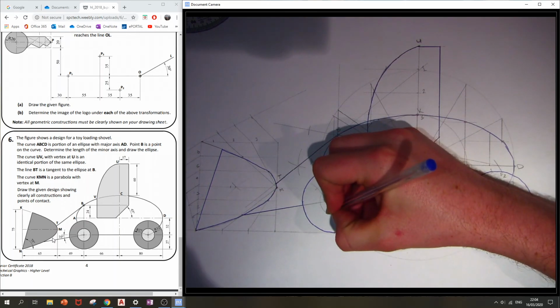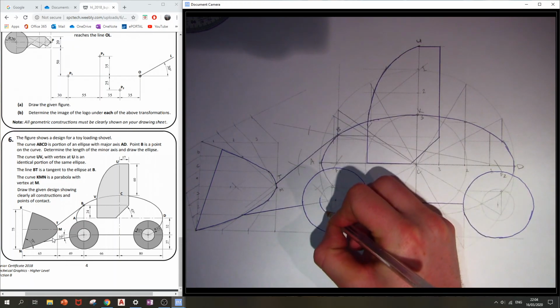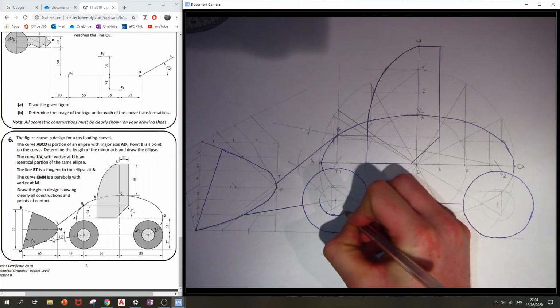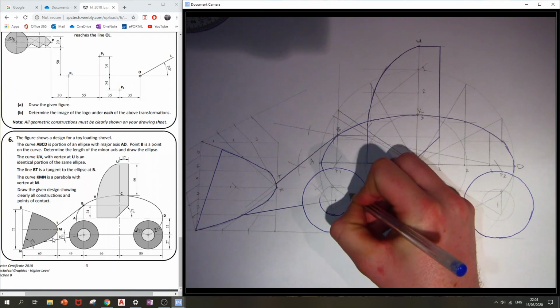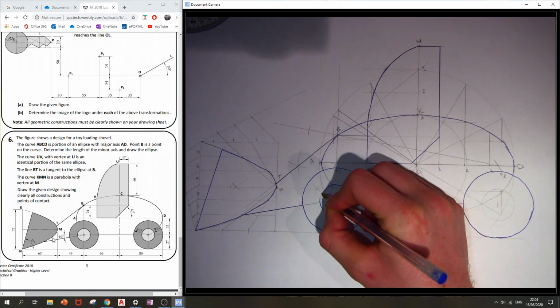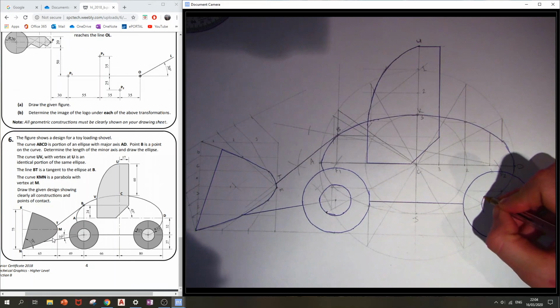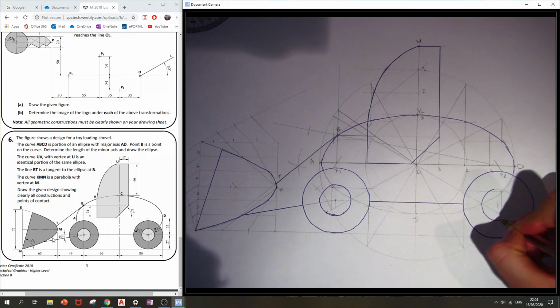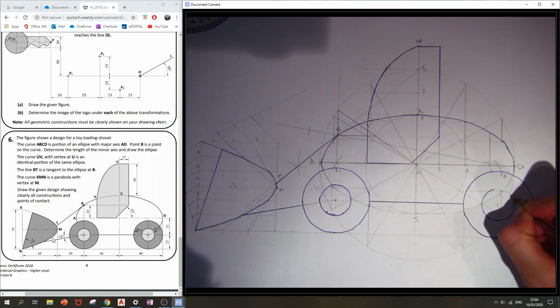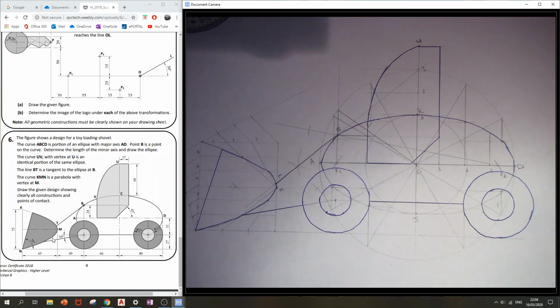Okay, these center wheels here, actually, let's put them in. Okay, and then that's basically our question completed.